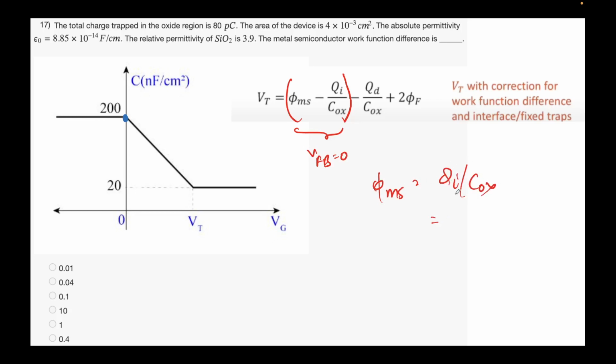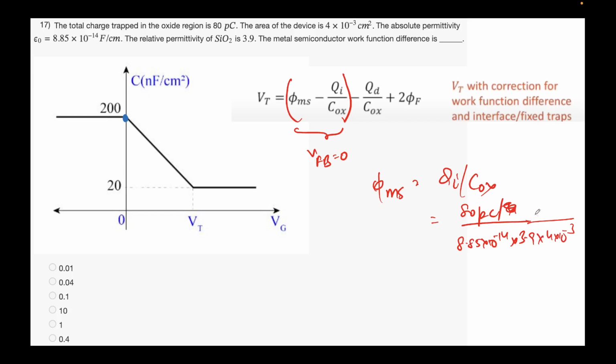Phi ms we require to find. Qi is given as 80 picocoulombs. Area is 4 into, okay, wait. That's the charge, sorry. Cox will be given by 8.85 10 to the power minus 14 epsilon naught epsilon s, which is 3.9. Area is 4 into 10 to the power minus 3 over, epsilon A over d.